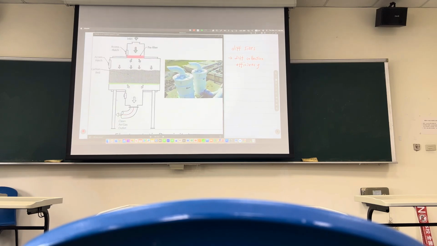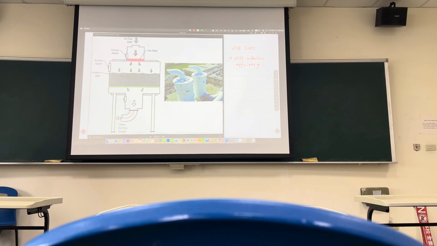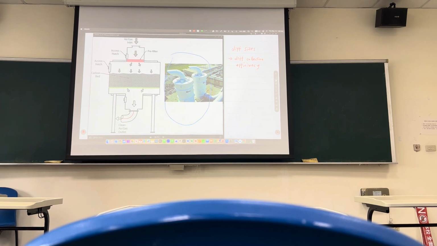Okay, so this is what a typical adsorption bed looks like, but in industry it's not a tiny one, it's huge. This is industrial scale, it's huge.